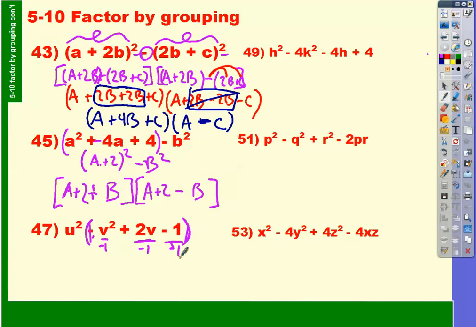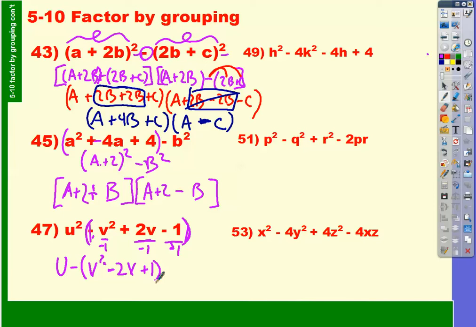And so I get u squared minus v squared minus 2v plus 1. Well, what times what is 1, but adds to get negative 2? Well, negative 1 times negative 1 is positive 1.